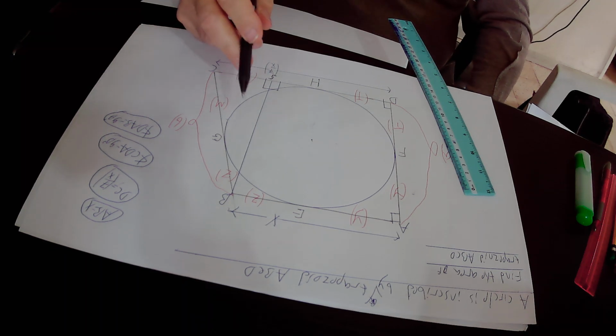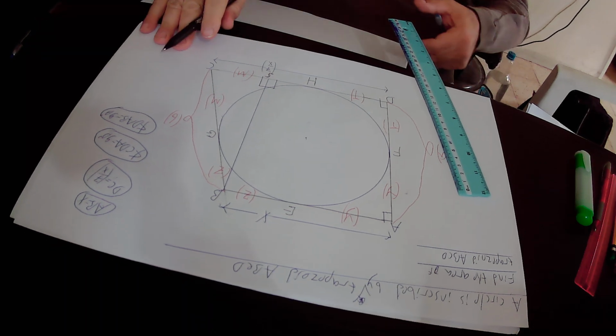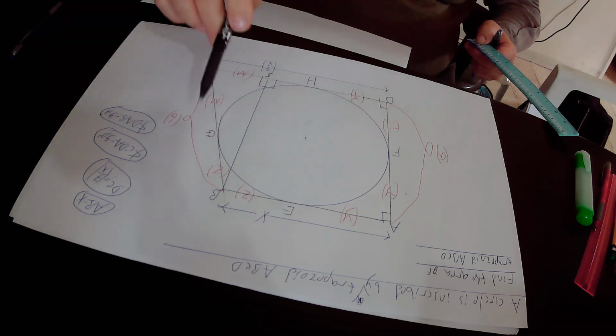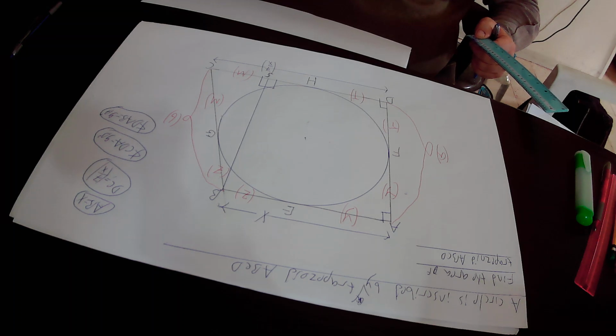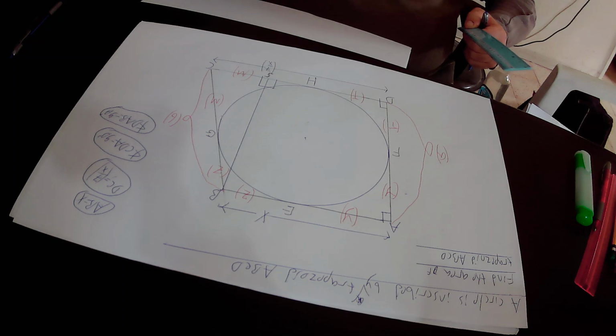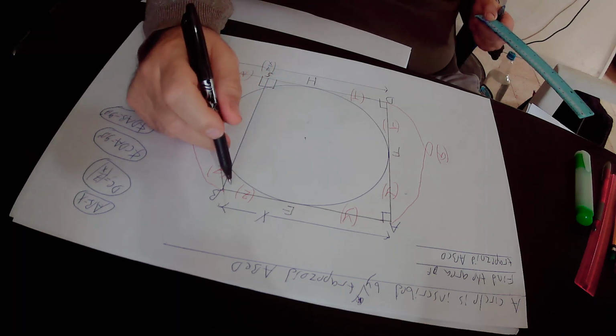By doing this construction, we get quadrangle ABSD. Inside this quadrangle ABSD, we have three right angles. The sum of three right angles is 270 degrees, plus the size of this fourth missing angle.